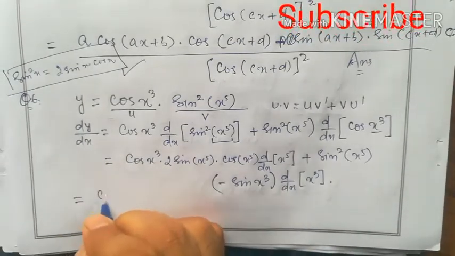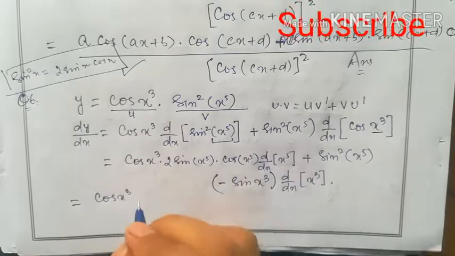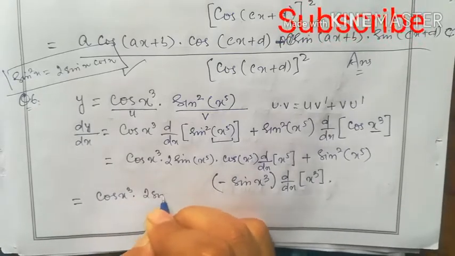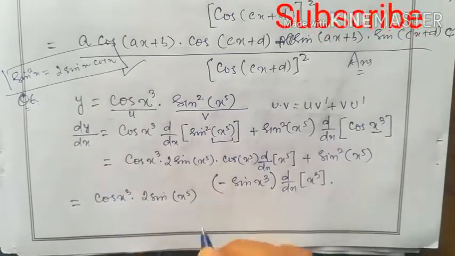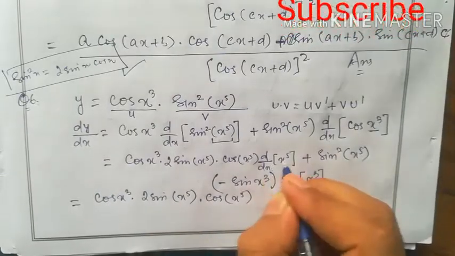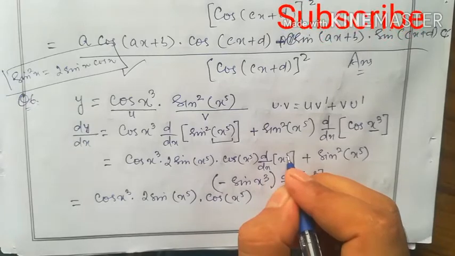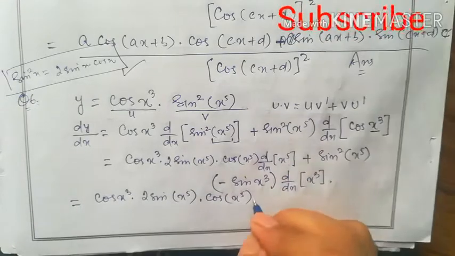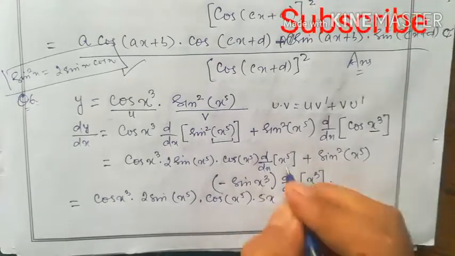So next step, cos x cube into twice sin x 5 into cos x 5. So differentiation of x to the power of n is n x to the power of n minus 1.